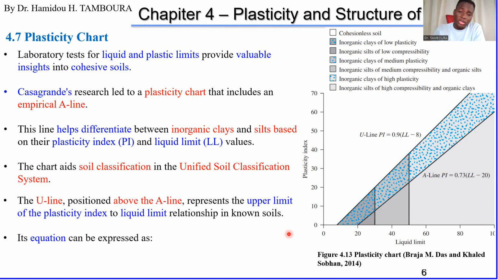This U line is known as the upper limit relationship in the soil. The equation for this U line is plasticity index equals 0.9 multiplied by liquid limit minus 8. This equation is written here, and this equation as well is for the A line. This one is for the U line, and this one is for the A line.